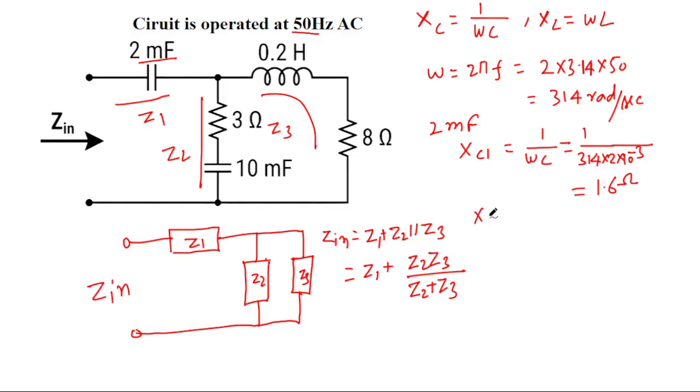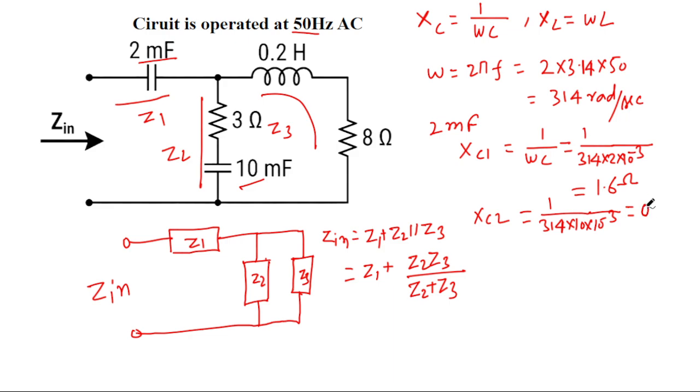Similarly, XC2 is for the 10 millifarad capacitance. The value will be given by 1 upon 314 multiplied by 10 multiplied by 10 to the power minus 3. Because 10 is 5 times 2, the value of XC2 will be 1/5 of 1.6.